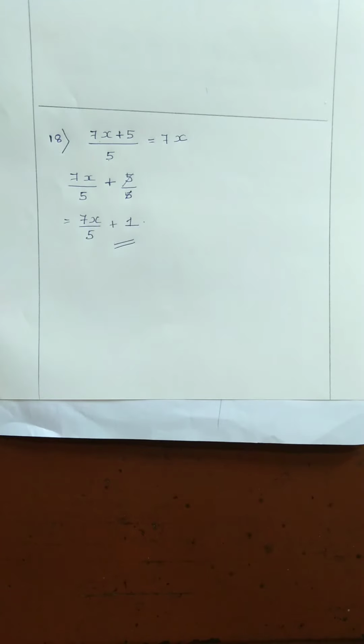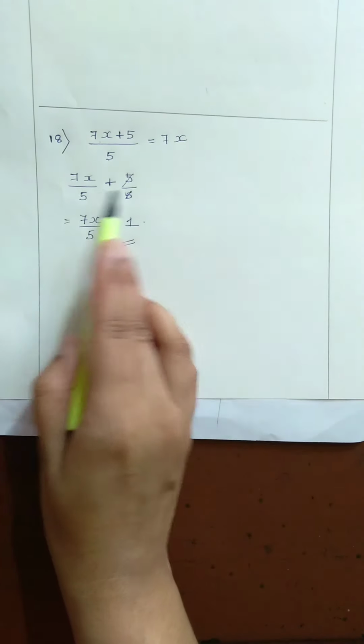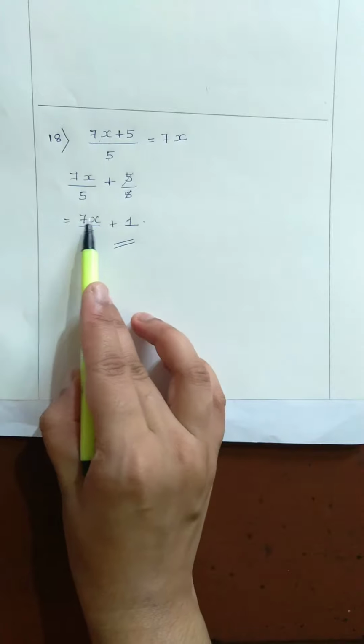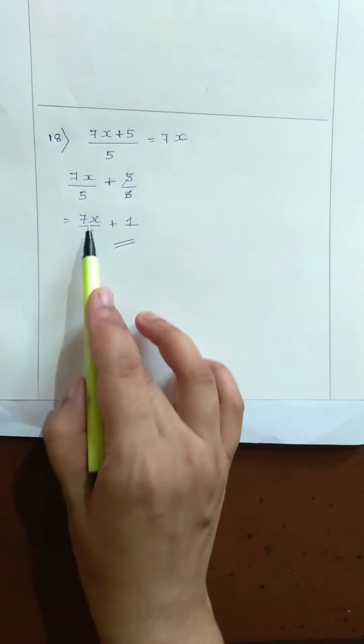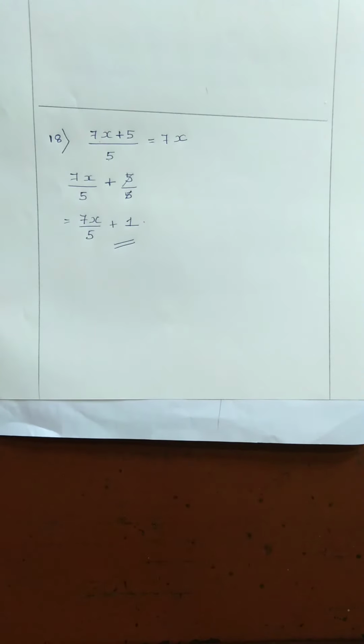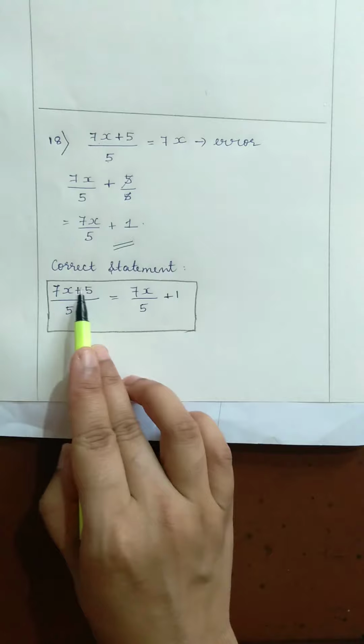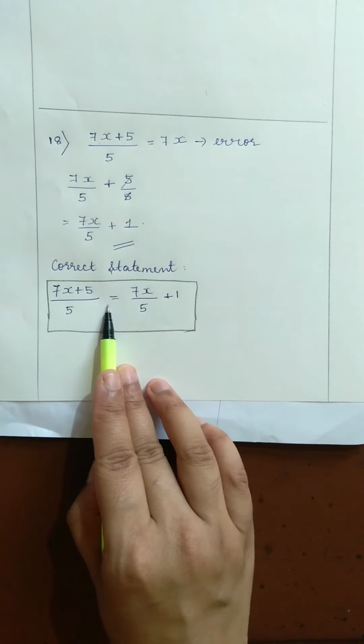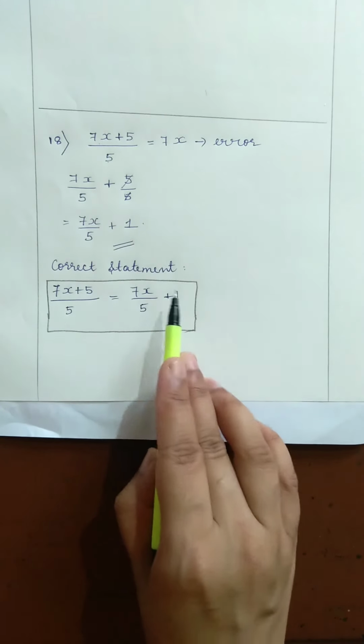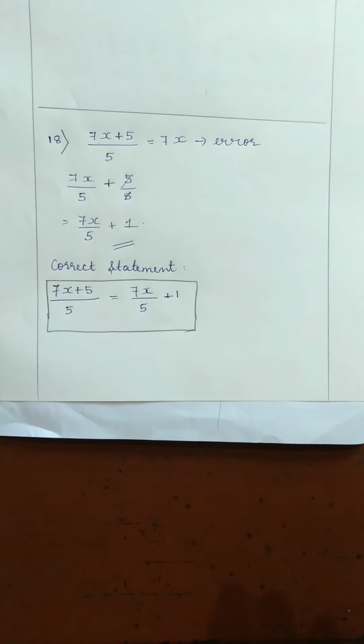Therefore, 7x by 5 plus 5 by 5, and the 5 and 5 get cancelled. The answer is 1. Therefore, the correct statement is 7x plus 5 by 5 is equal to 7x by 5 plus 1, which is the correct answer to the problem.